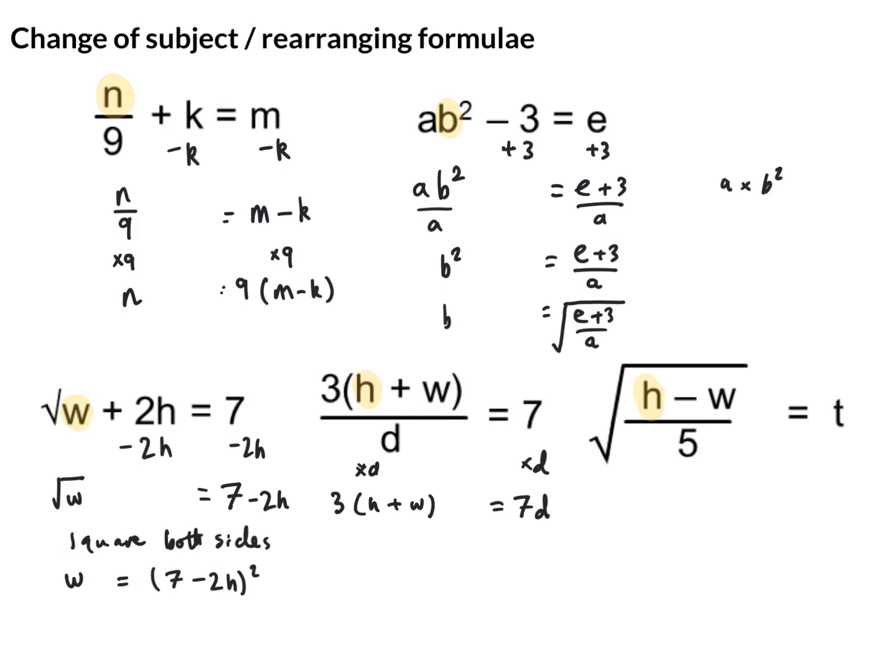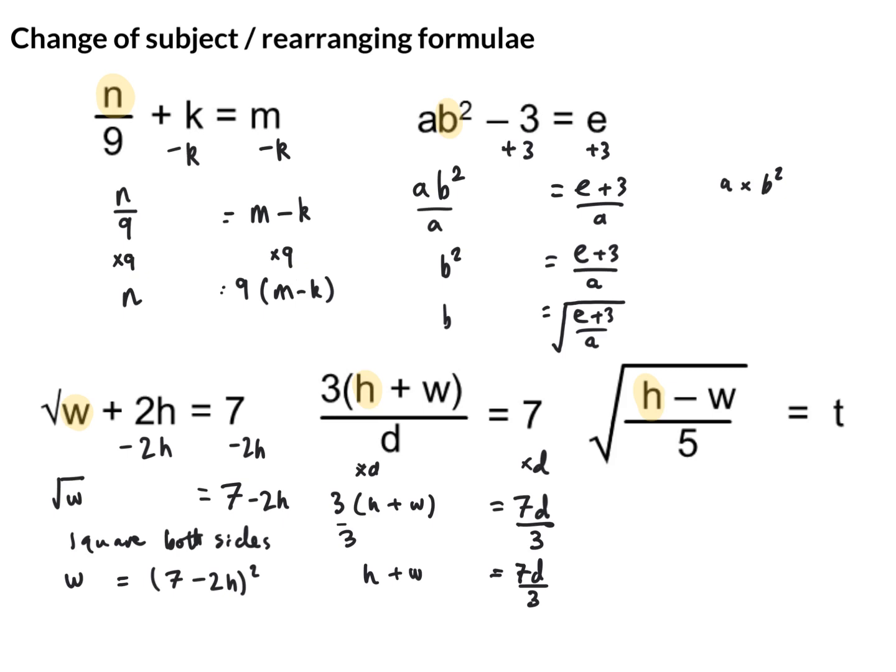To get the h on its own, we could expand the brackets here, but that tends to get messy. So what we're going to do is we are going to say, well, this is 3 times the bracket. So if we divide each side by 3, we are going to be left with h plus w equals 7d minus 3, 7d over 3. Almost got the h on its own.